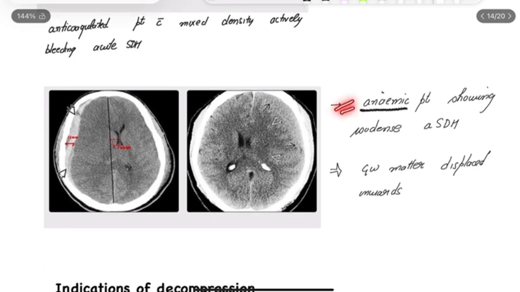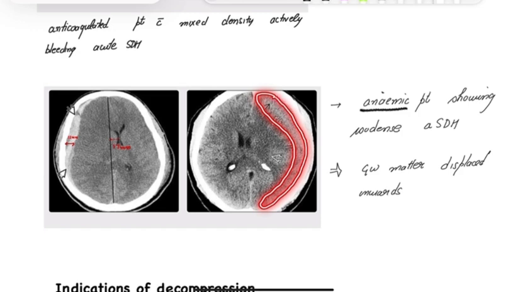In anemic patients, acute SDH can also be isodense. In this image, we can see an isodense collection along the cerebral convexities, which is seen crossing the suture line but not the dural venous attachment, and is displacing the gray-white matter junction inwards. This is an isodense acute SDH.